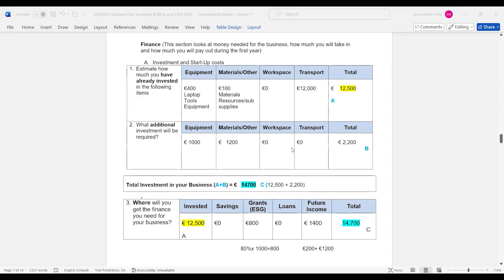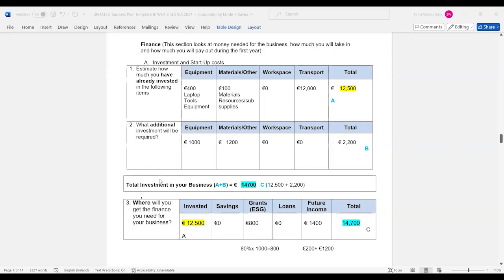So for the purpose of this example, my plan is to invest a further 1,000 in equipment and 1,200 in material and supplies, totaling 2,200. So at this stage, you have now divided out what you've already invested and what you plan to invest in your business.